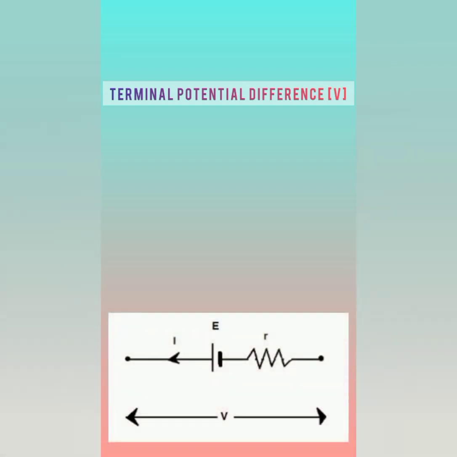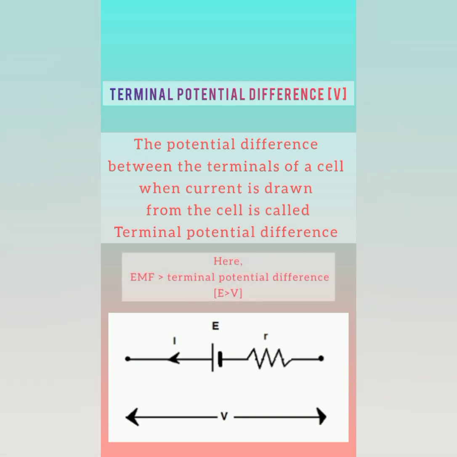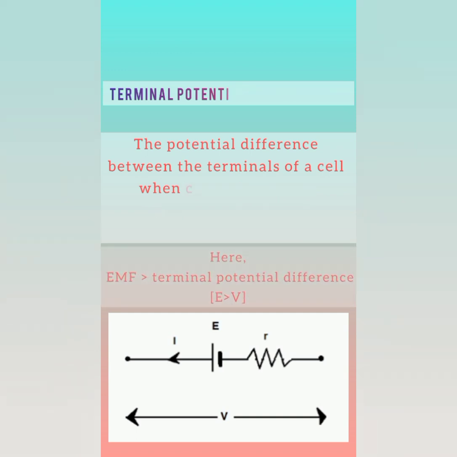The terminal potential difference is the potential difference between the terminals of a cell when current is drawn from the cell. Here, EMF is always greater than the terminal potential difference. That is, EMF is greater than V.